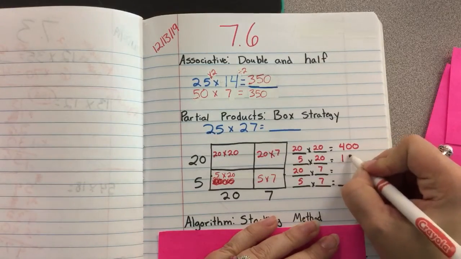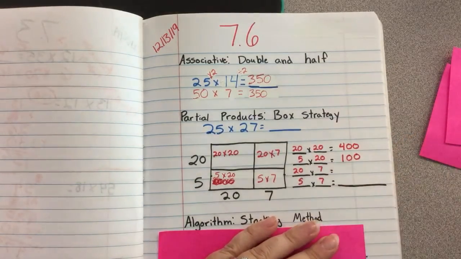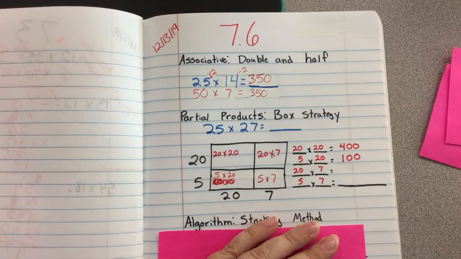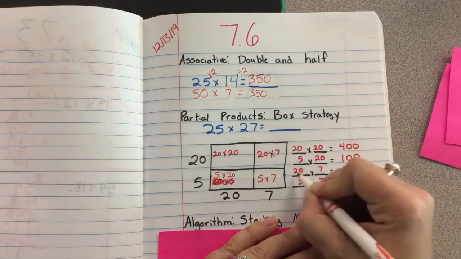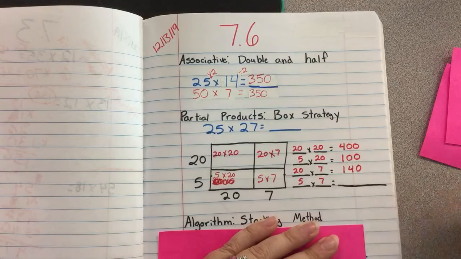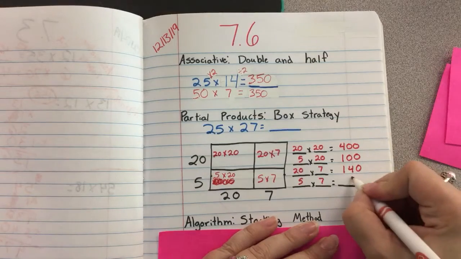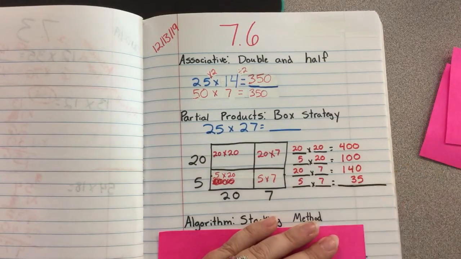Very good. 20 times 7. Camden? 140. Good. Because 2 times 7 is 14. Add the 0. Cole, what's 5 times 7? 35. What do we do now?